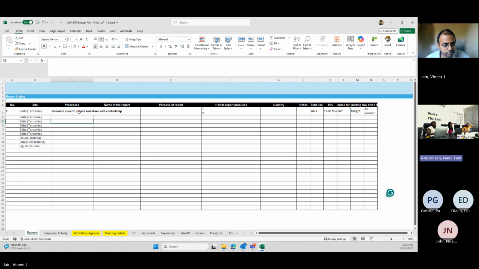Not a documented timeline, but right after the closing, you need to do that. Okay, so should I say workday 6 for now? If you don't, the reporting team will even work with you to get that information. So workday 6 for now.